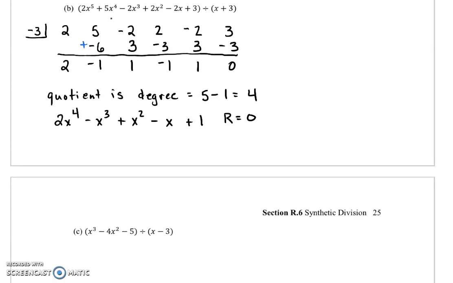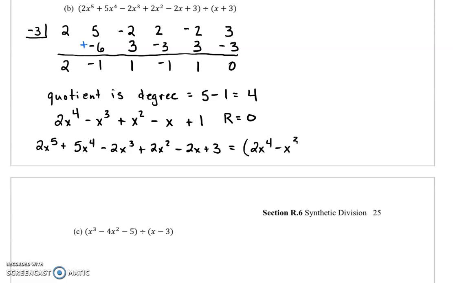Or if we write this in that same form, the dividend, 2x to the 5th plus 5x to the 4th minus 2x cubed plus 2x squared minus 2x plus 3 equals the quotient times the divisor plus the remainder.